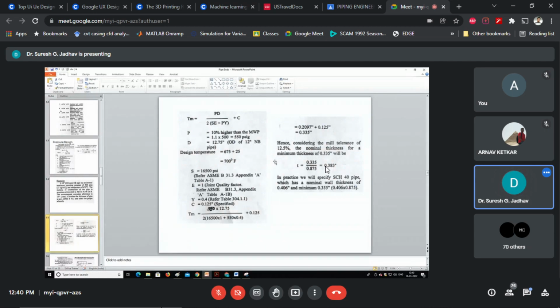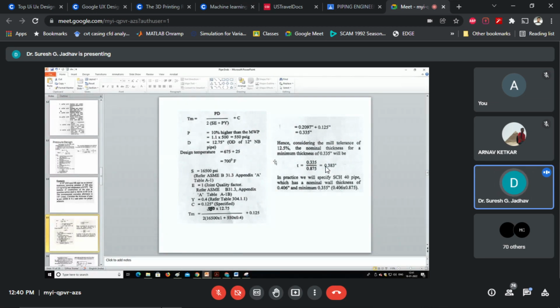This is the minimum thickness after considering the mill tolerance of 12.5%. The minimum thickness is 0.383 inch.